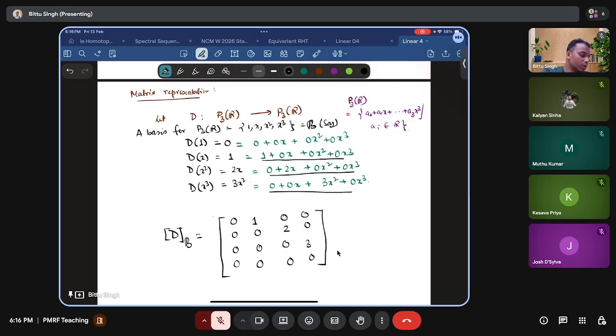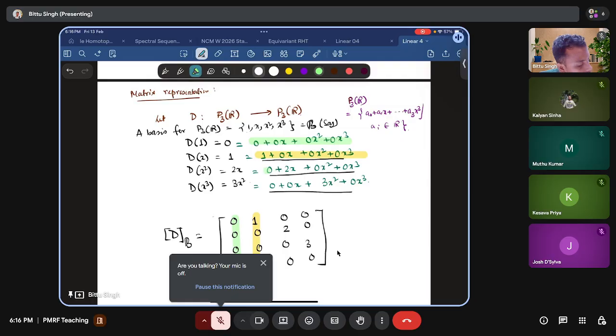So this will be the matrix representation of this linear operator or linear transformation. What we have done is we simply write this in the first column and those coefficients in the second, then this in the third column, and similarly the rest.